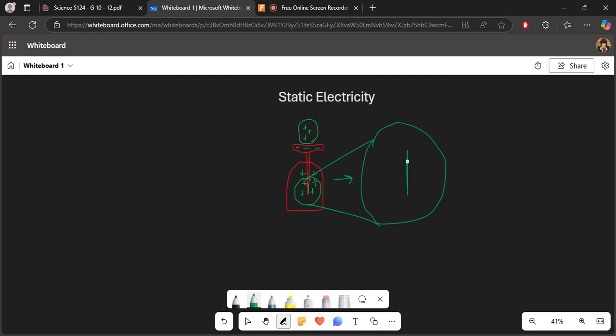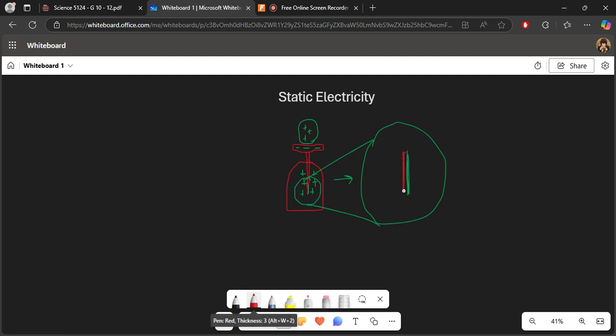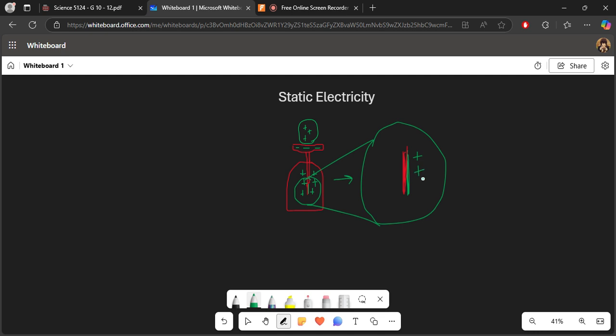We have our green gold leaf and our red gold leaf, and we can see they both have positive charge. They both have positive charges, so they will repel because like charges repel.